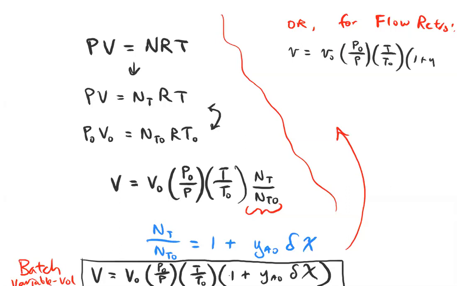You have your 1 plus YA naught delta conversion.